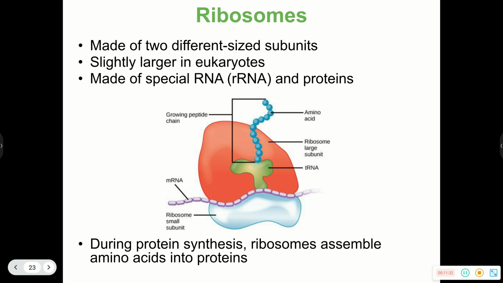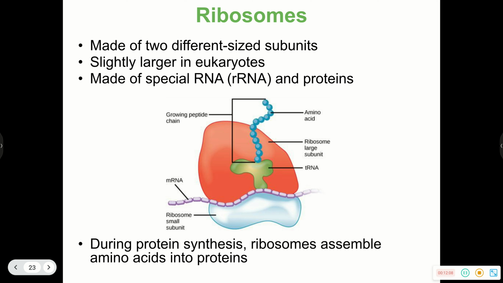When protein synthesis is taking place, you can see here's messenger RNA coming in, it's reading it, transfer RNA is bringing the amino acids, and then ultimately the growing peptide chain is made. Here's the smaller subunit, here's the larger subunit. In between the two units is where the mRNA is being read, and then the transfer RNA is bringing in each amino acid to ultimately become a protein.